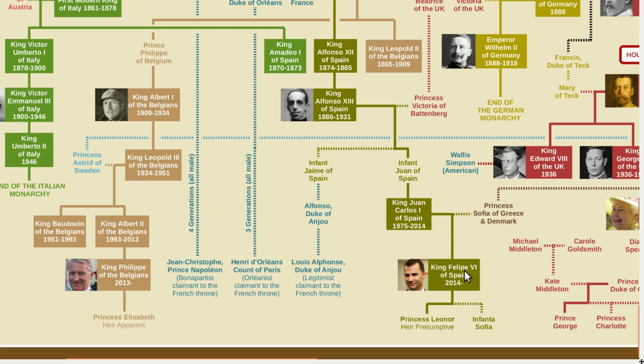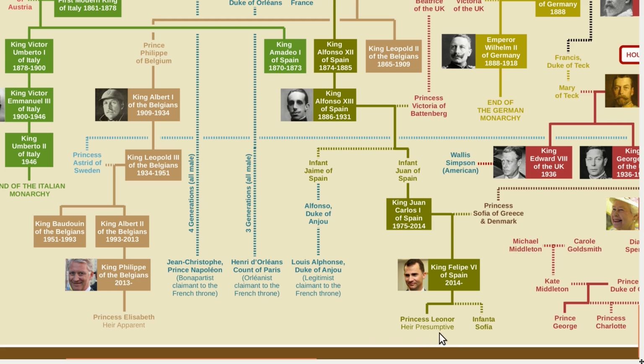Philippe being the same name as Philip, but he uses a different spelling than we're used to for those previous kings, and he is the current King of Spain since 2014. He has two young daughters. The eldest is Princess Leonor, and she is the heir presumptive.